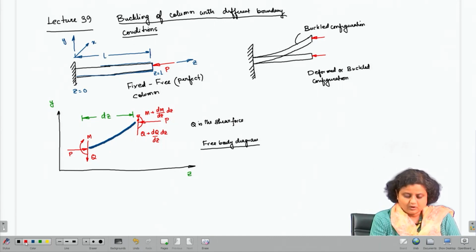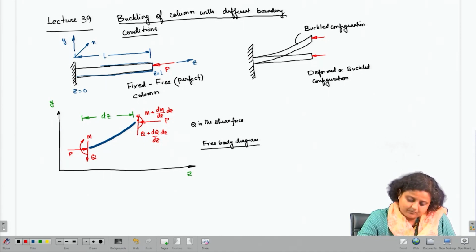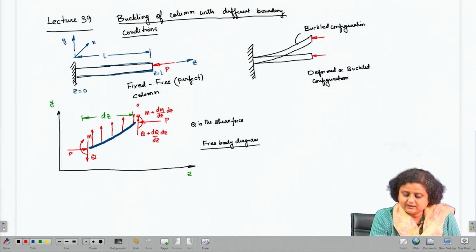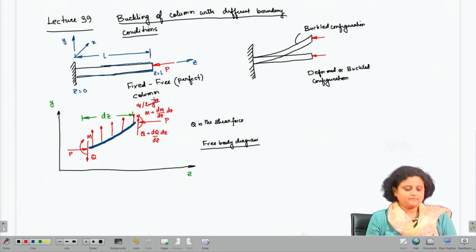Let us also consider that there is an externally applied force in the transverse direction, that is the y direction, which we are going to say is q per unit length. This q can be a function of z.